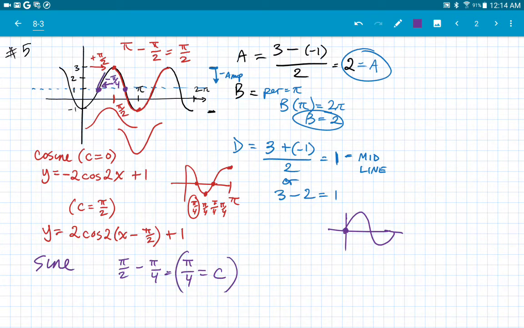Okay, so I'm going to go back pi over 4. I see that this is going to create my sine graph that will be an upright sine. So I create my equation, y equals, since it's an upright sine graph, I know my a value will be positive, so it'll be a positive 2.